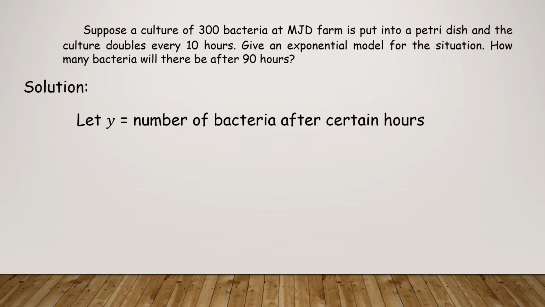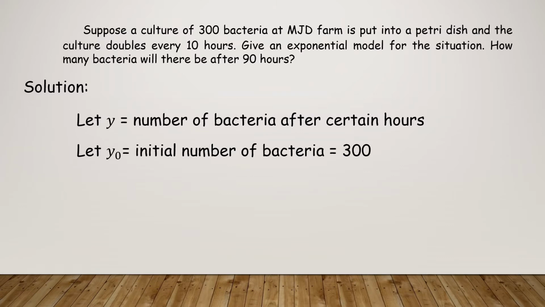So, let's say na y is equal to the number of bacteria after certain hours. Ito yung hinahanap natin. And y sub 0 is the initial number of bacteria, which is 300. Ito yung initial bacteria natin. We let our r be the rate of growth. So, ang rate of growth natin ay nagdo-double daw.